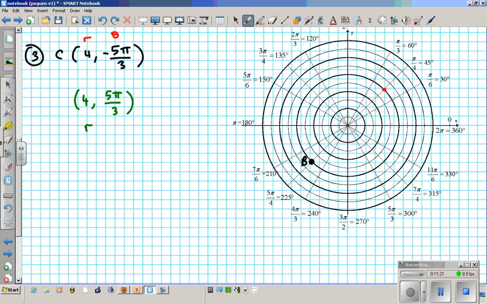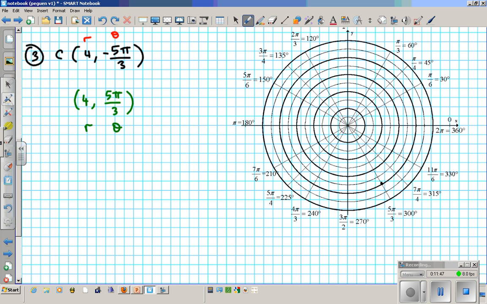So this is r and this is theta. What is that going to look like? We're going to go starting from here. 1, 2, 3, 4. 5π/3, where are you? Oh, down there, so down. Basically 5π/3, 1, 2, 3, 4.